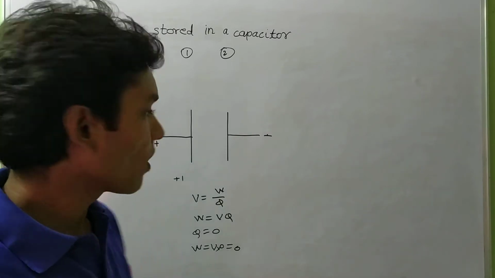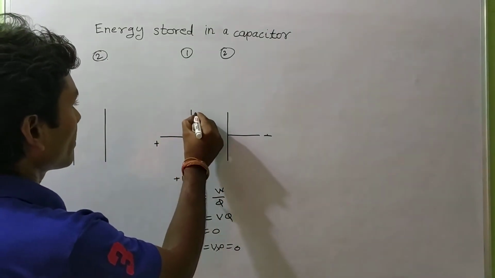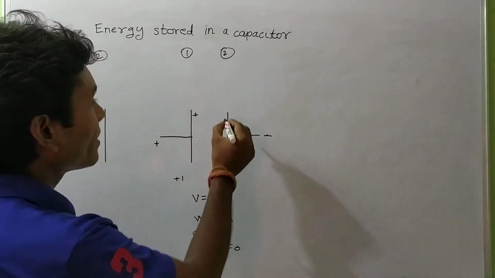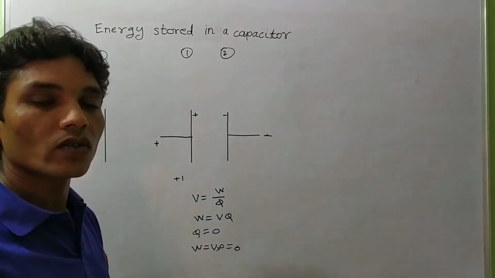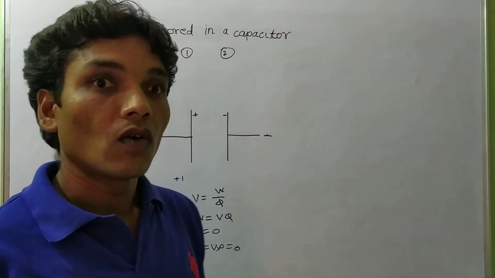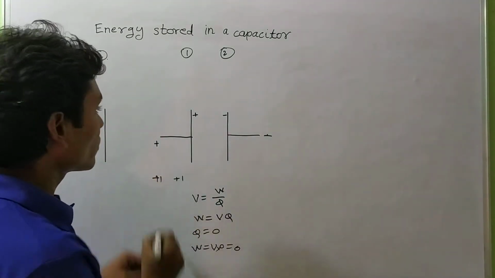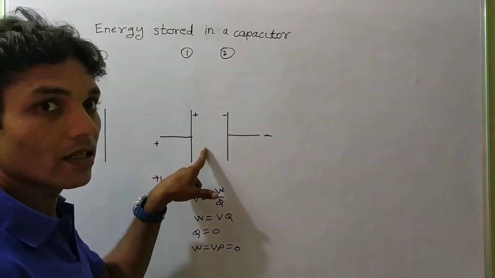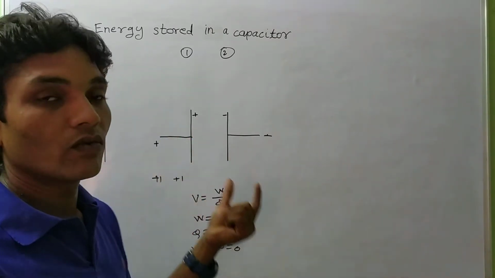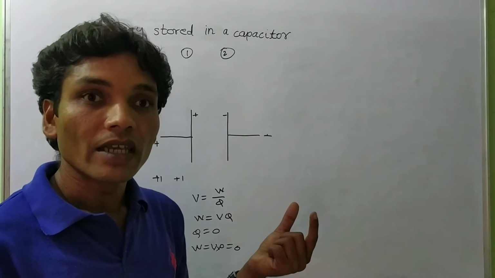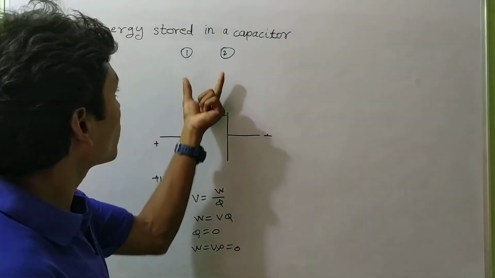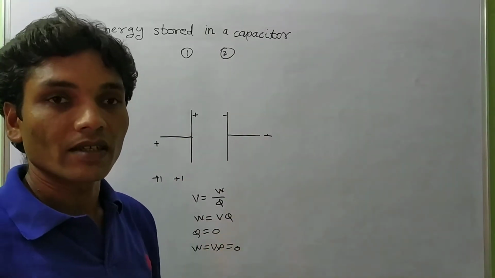Now, this is the first bit of charge. By induction, negative charge will be induced here. Now we are applying the second bit of positive charge. On applying the second bit of positive charge to the first plate, against the repulsive force of the first bit, work has to be done, and this work is stored in the form of potential energy between the two plates of the capacitor.